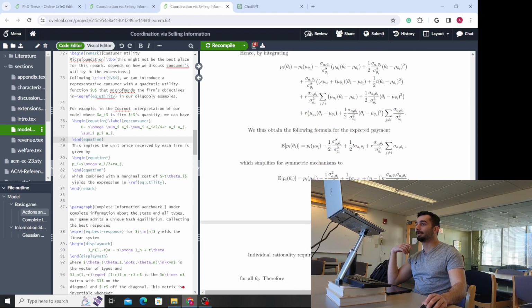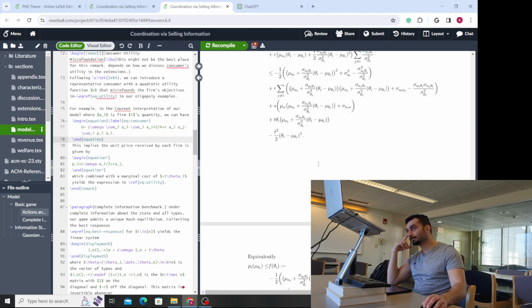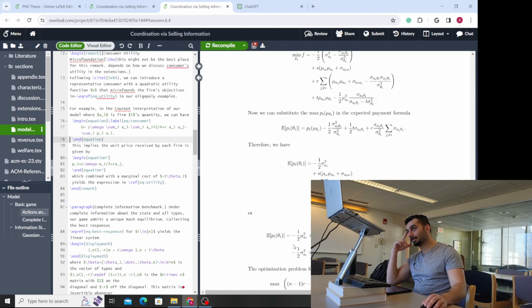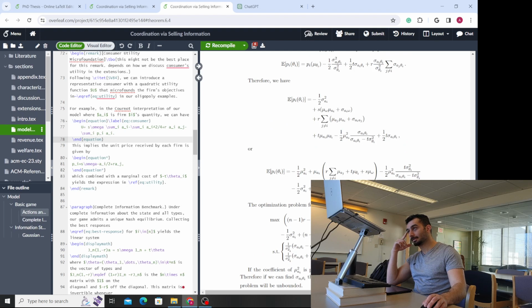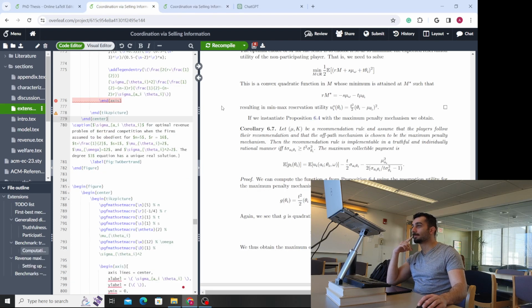I need to look at my formula for symmetric ones. Wait, where is it? Okay, it's this.